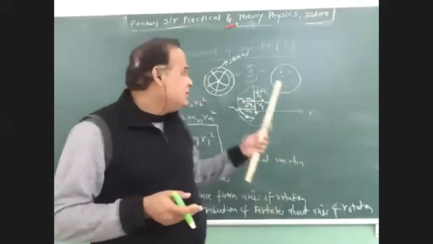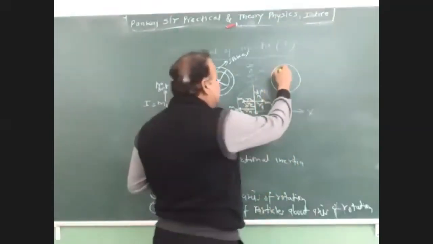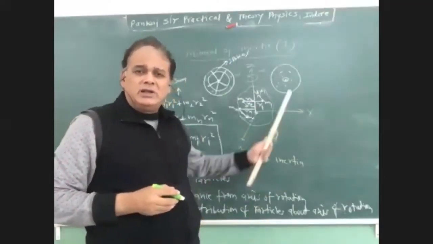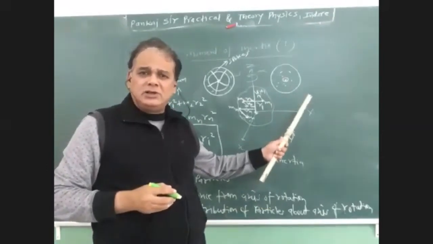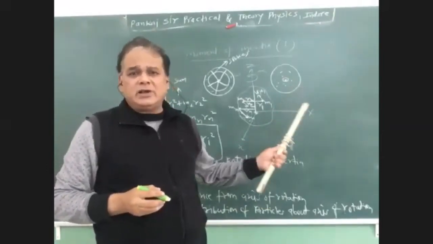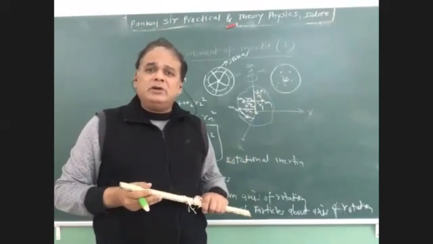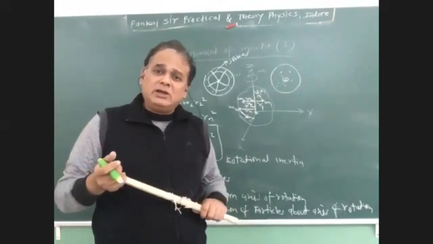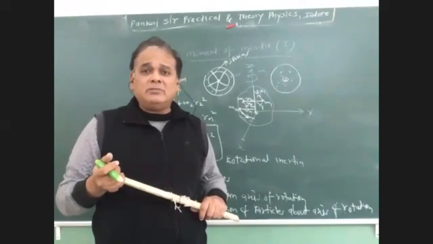Because the mass is away from the center, that is, from the axis of rotation. So R increases, and as R increases, moment of inertia is also more. And if moment of inertia is more, then it can rotate for a longer time.